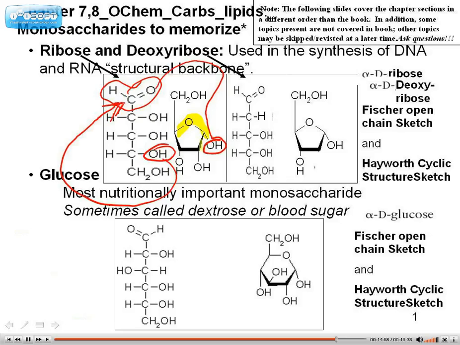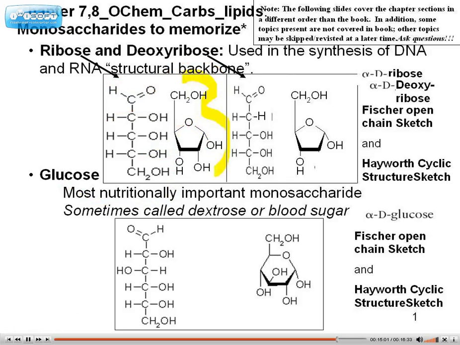When it forms this brand new cyclic or heterocyclic structure, the spatial arrangement of each one of these hydroxyl groups is maintained. So the chiral carbons for each of these are maintained, and the arrangement of each of the hydroxyl groups are maintained. So in this case, this hydroxyl group is maintained, and so is this one down here.